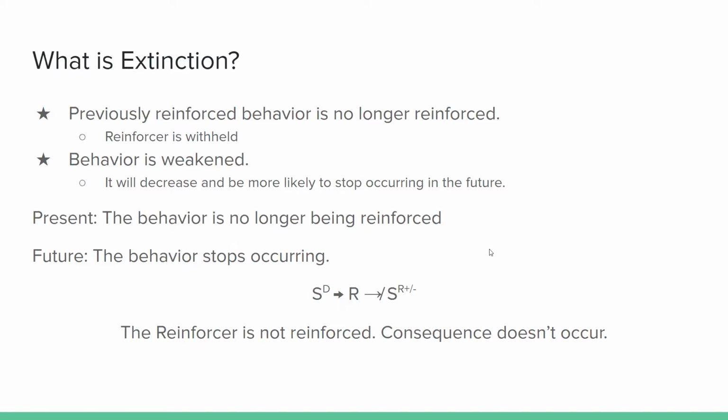In the present, the behavior is no longer being reinforced, and in the future, we are looking for the behavior to stop occurring. Here we have the general outline of what extinction would look like. You have your SD, and then it goes to your behavior, but the behavior is not reinforced, thus the cross out, and so the consequence does not occur in this situation.